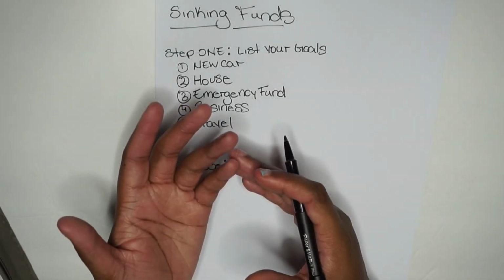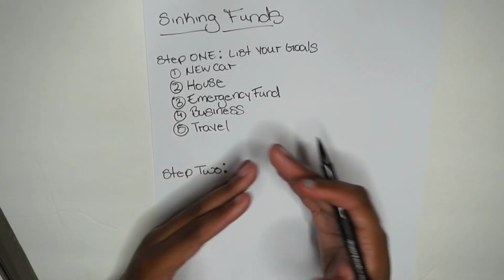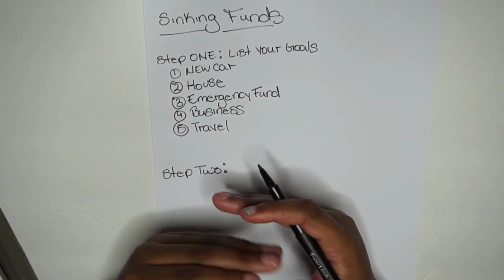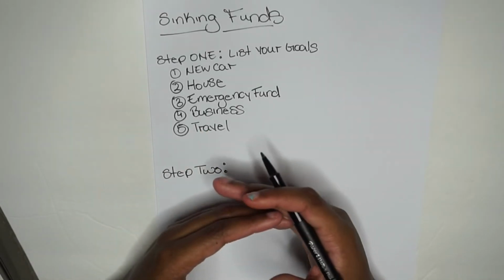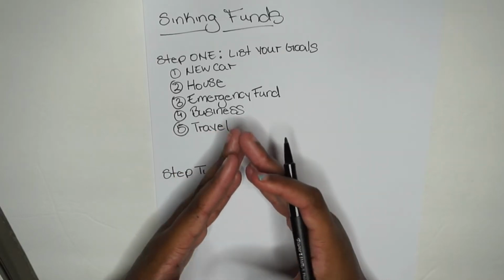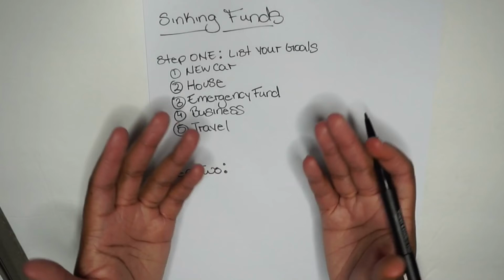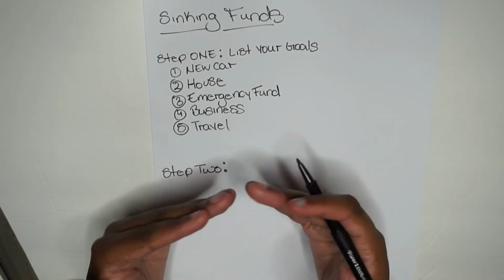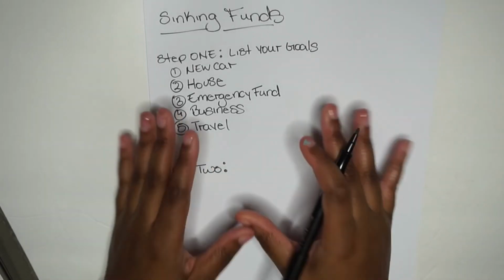What are your yearly subscriptions? These are examples of reoccurring responsibilities, things that happen on a yearly basis, things that you know are going to come up, such as car maintenance. You know that you have to pay property taxes, things of that nature. What are your responsibilities that you would like to alleviate the stress from when that bill comes in, basically?